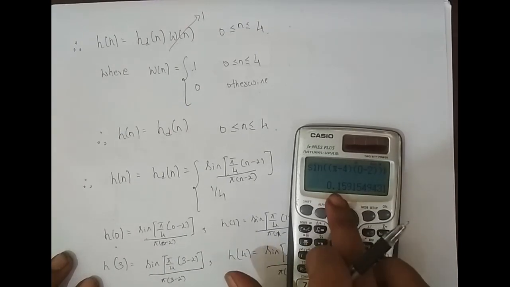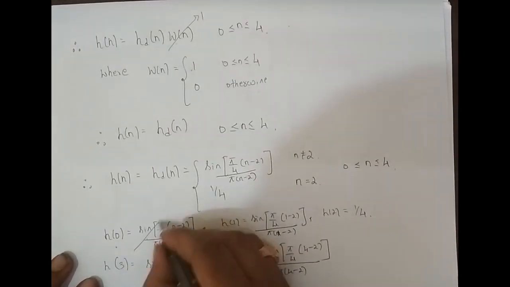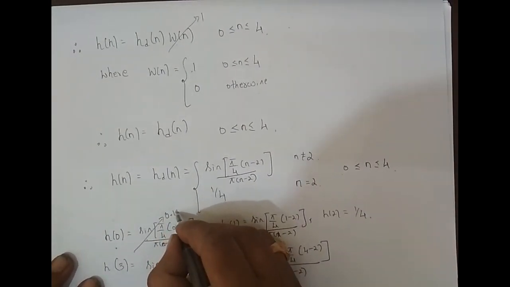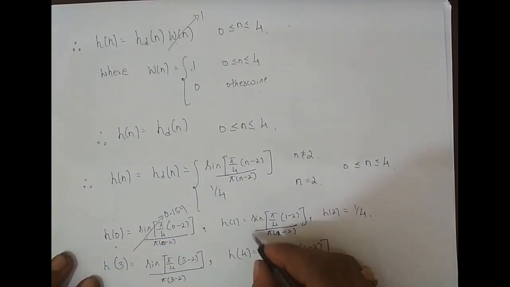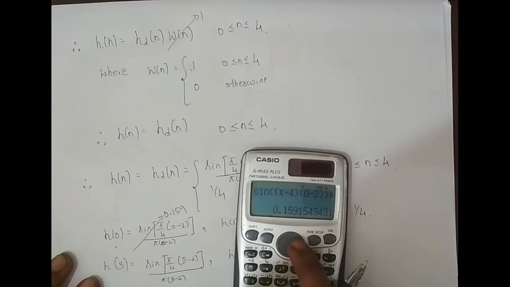So I end up with 0.159. Okay, similarly for n equal to 1, let me just replace 0 by 1 here.